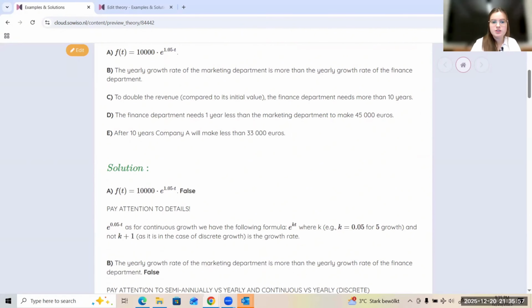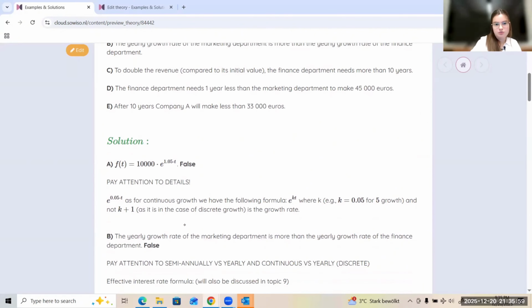Because whenever you're dealing with continuous growth, e is already a very large number, it's 2.7, right? And something after the decimal point. And then with discrete growth, we have the initial value times 1 plus k, where k is a percentage growth, over t, for example, or x, doesn't matter, the independent variable. And then for continuous growth, you would do e^(kt).